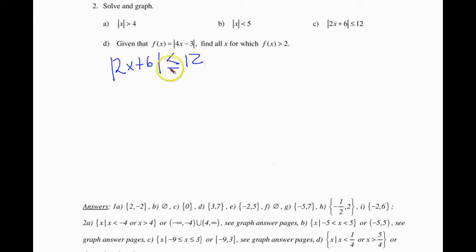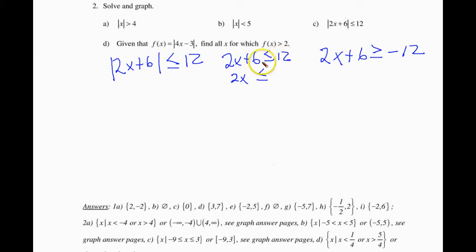And we solve it as if we would an equation. Write it, 2x plus 6 is less than or equal to 12. So to work this, we write this one, and then reversing the inequality sign and using the opposite sign. So we get here 2x, subtract 6, is less than or equal to 6.